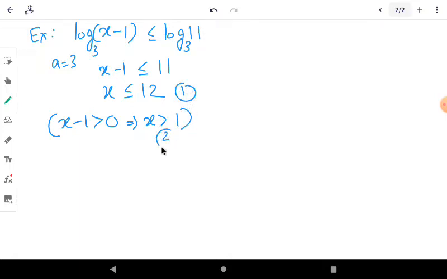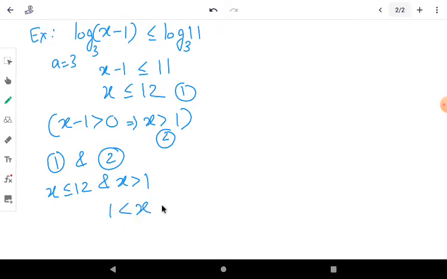If you take the intersection of the first and second, x less than or equal to 12 and x greater than 1, you will get x greater than 1 and less than or equal to 12 as the answer. So this is one way of solving a logarithmic inequality.